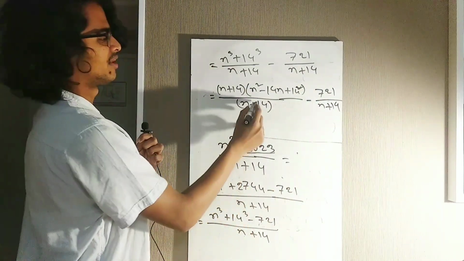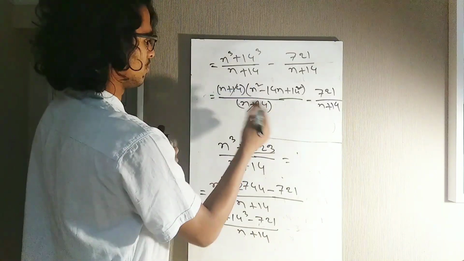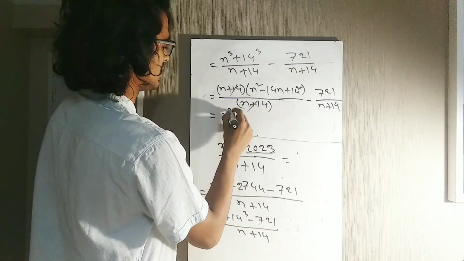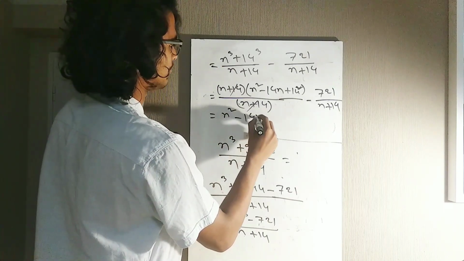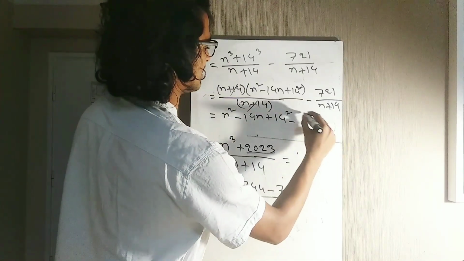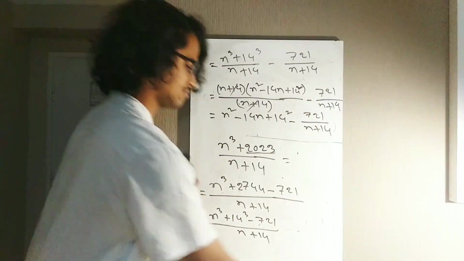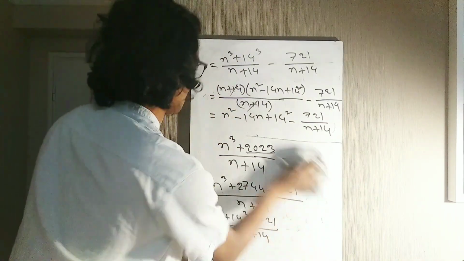Now this n plus 14 and that n plus 14 cancel out. What we have remaining is n squared minus 14n plus 14 squared, minus 721 over n plus 14.